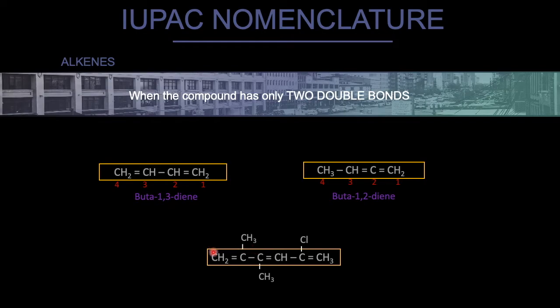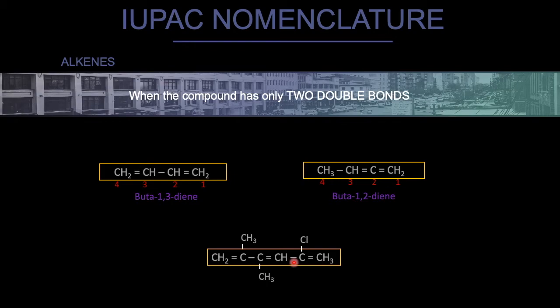If we were to number it from this end, it would have been 1, 2, 3, 4, 5 and 6. So the double bonds are at 1, 3 and 5 positions. If we number it from the other way around, again the double bonds are at 1, 3 and 5 positions. So here numbering is not dependent on the double bonds itself because the numbering does not change.